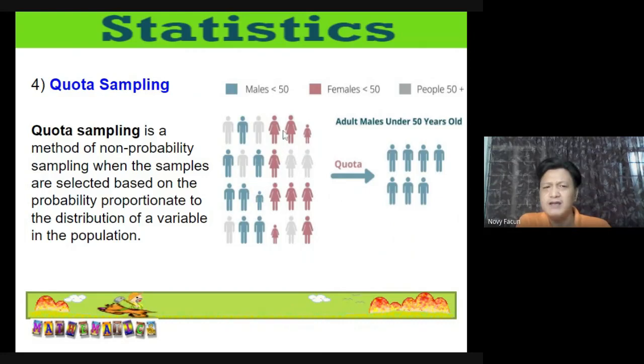Ito yung pampuno lang natin doon sa data natin. Pero kailangan yung kukunin natin yung characteristics, naka-base pa rin tayo doon sa ating pangangailangan. And that is how the quota sampling.